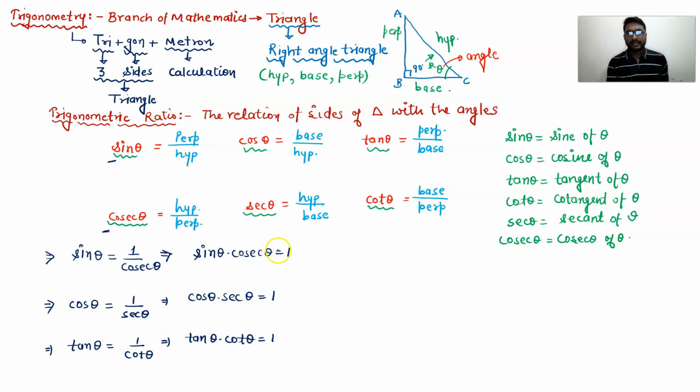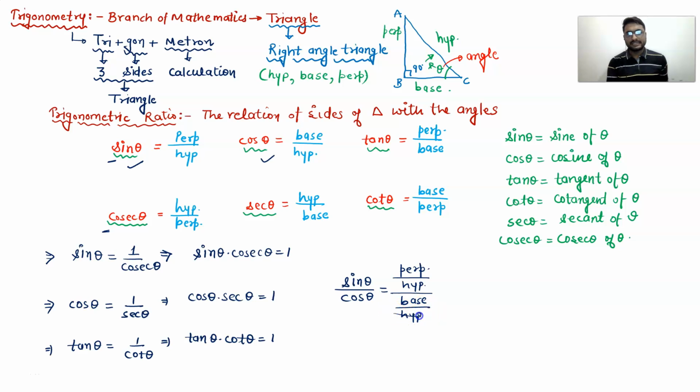Now in trigonometry, we have two more important formulas. Suppose these are the two formulas, sine theta and cos theta. When we divide them, sine theta upon cos theta, this gives perpendicular over hypotenuse divided by base over hypotenuse.